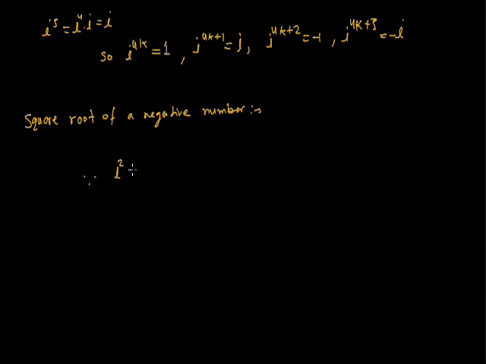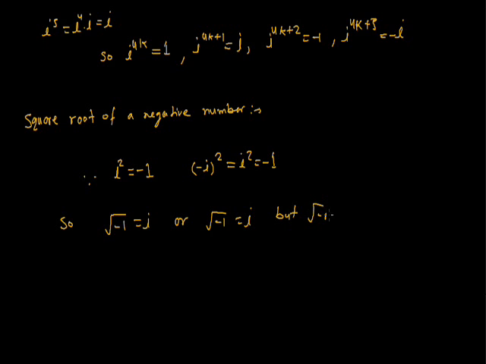Because iota to the power 2 is equal to minus 1, under root minus 1 is equal to iota, and under root minus 1 we would mean only iota.